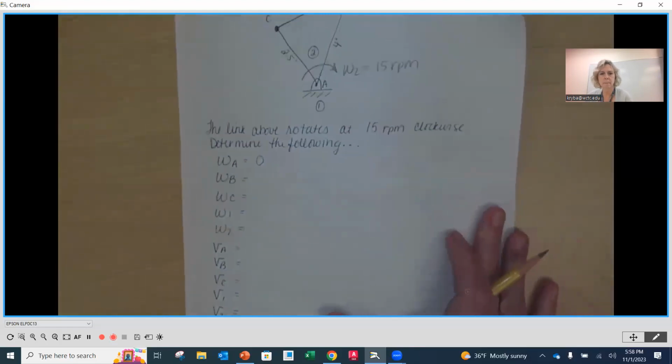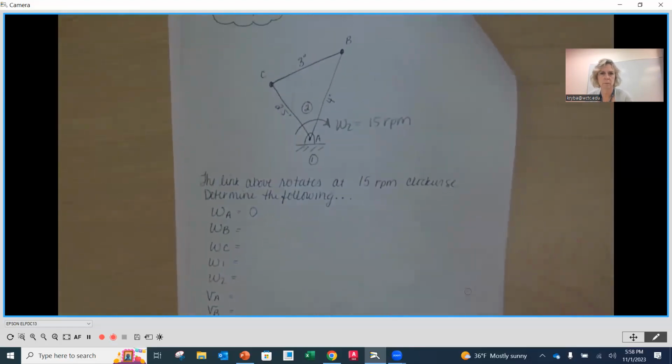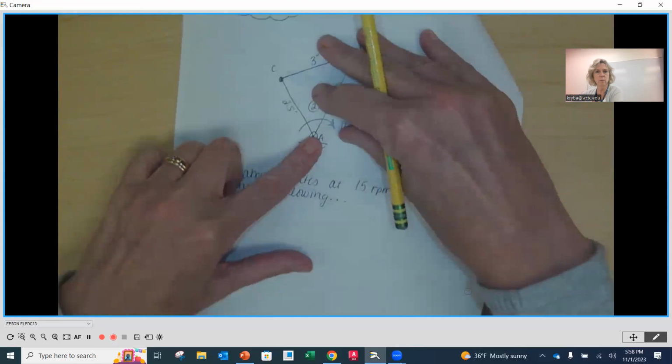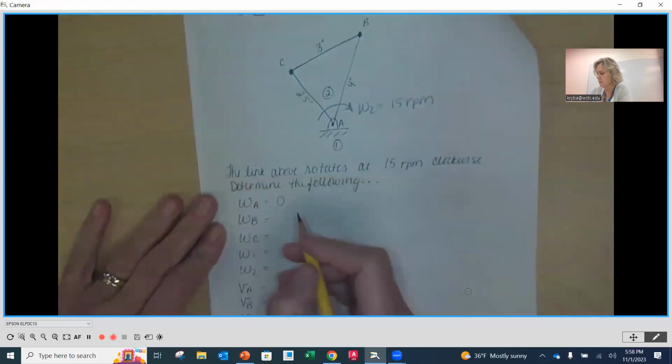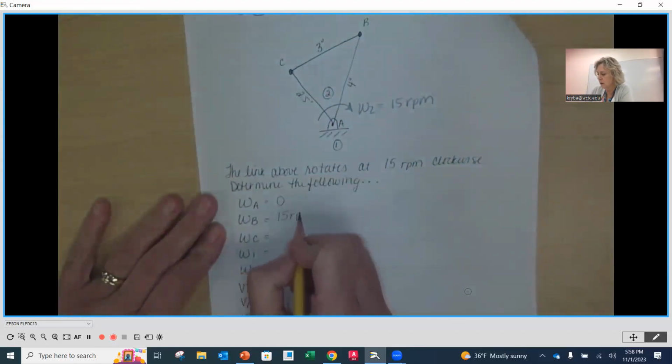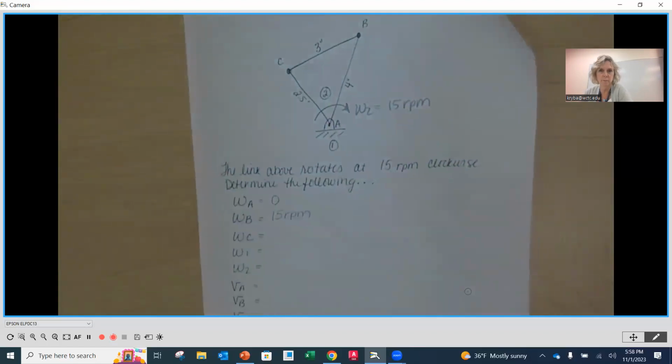What about point B? What is the W of B? It is 15 RPMs because that is going to be on the link rotating at 15 RPMs. So we can say 15 RPMs for WB. Angular velocity, WC. 15 RPMs, exactly.